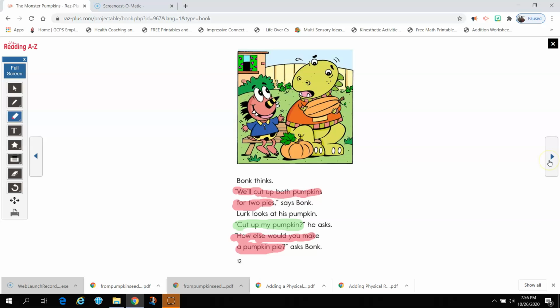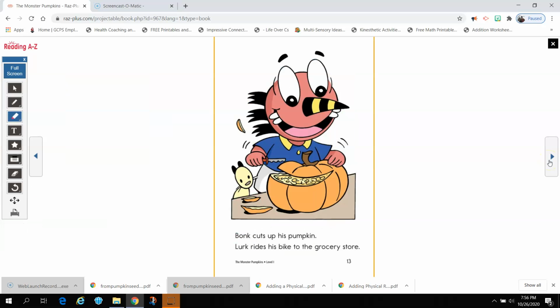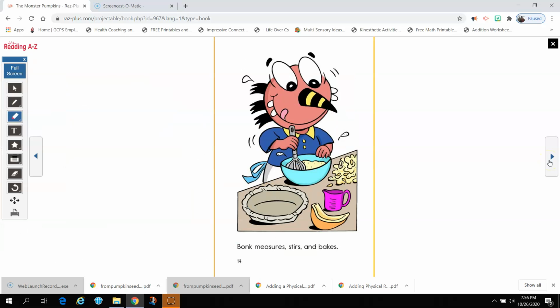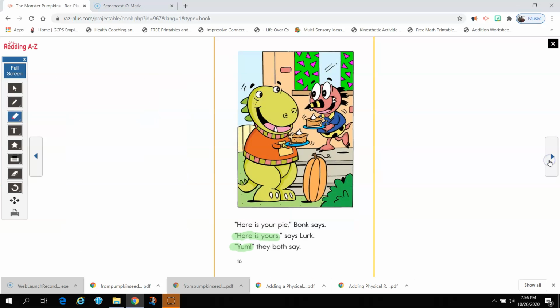How is Lurk going to make a pumpkin pie without cutting his pumpkin? That's something that we will look at tomorrow. All right. So here on this page we see Bonk says, "Here is your pie." And remember, they both said, "Yum."